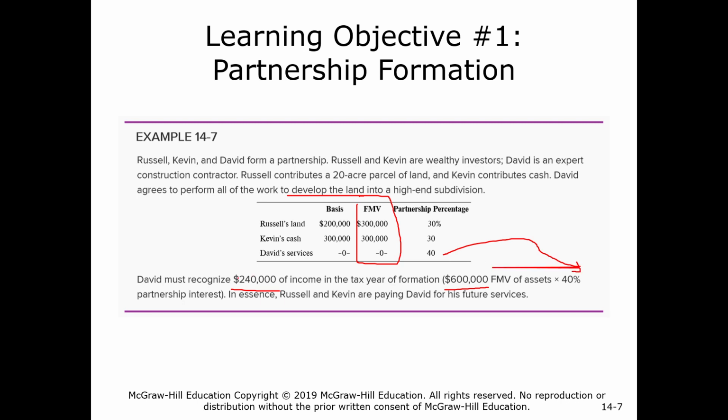And so the amount of ordinary income that he'll have to report and pay taxes on is $240,000. So this is a disadvantage for a partner who is exchanging services for an interest in a partnership, because they're going to have to pay taxes up front without receiving any cash.